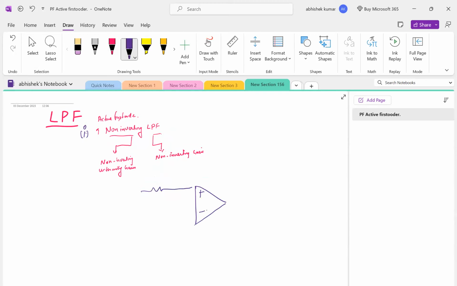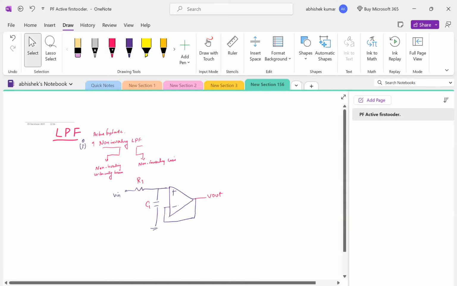Okay, this is your op amp. These are the active elements. This is known as non-inverting because we are giving the input at the non-inverting terminal. And this is R1 and this is C1, and this is your V output basically.